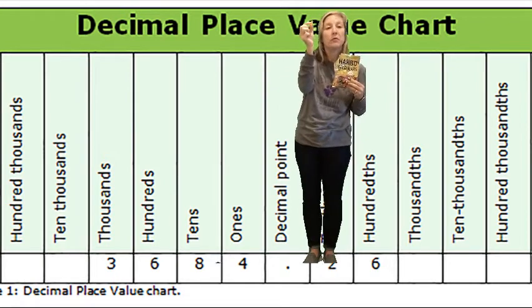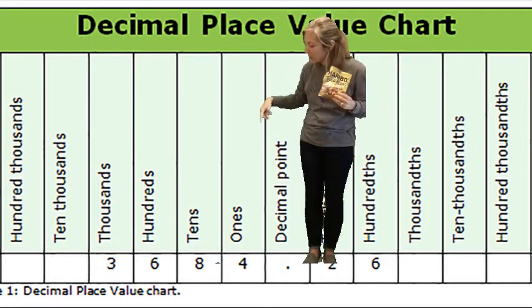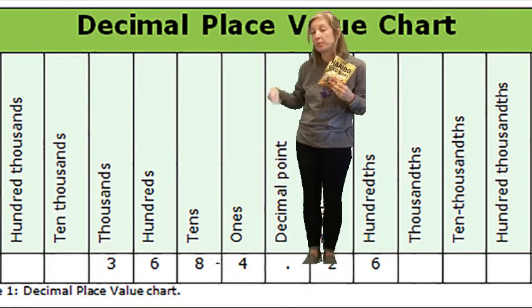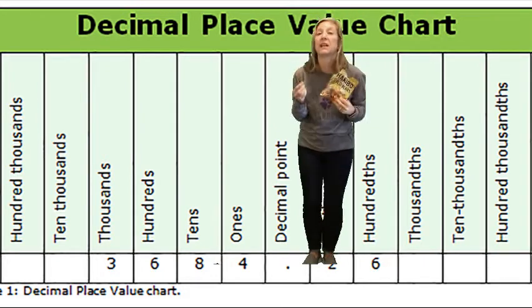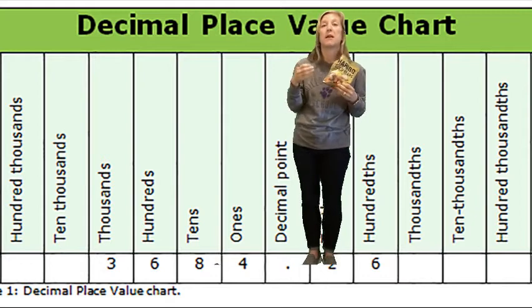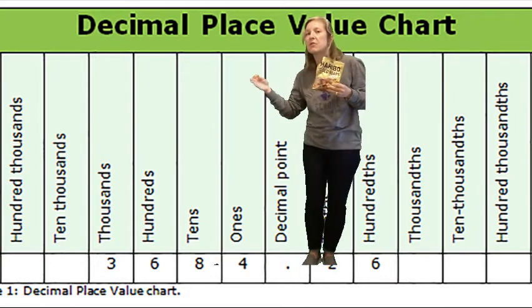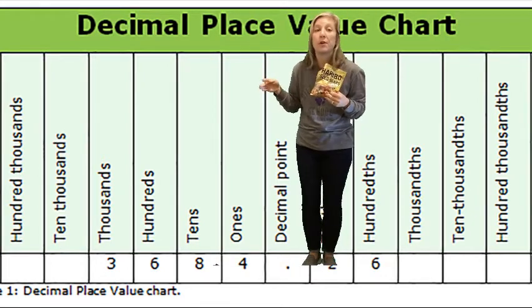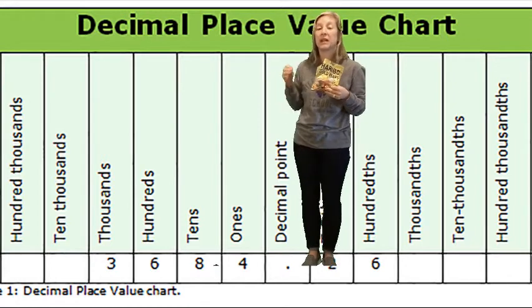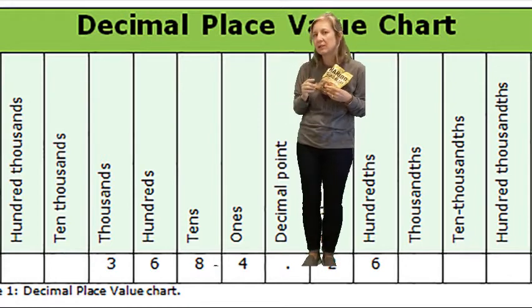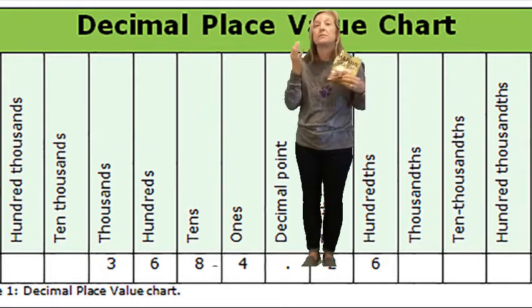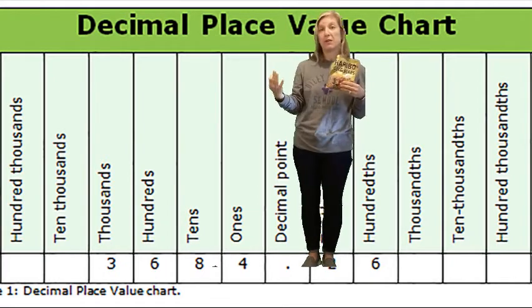Then we move along to the hundreds place. What does the 6 represent? Well, the 6 represents 600 gummy bears. So we have 3,000 of them, we have 600 more. We move to the tens place. That 8 in the tens place represents 80 gummy bears.